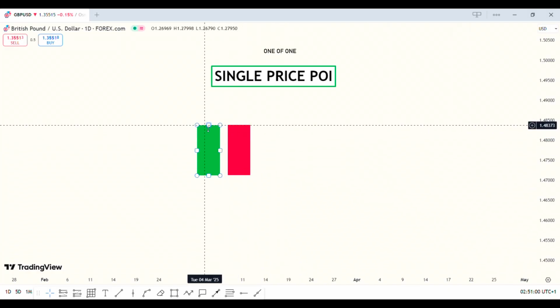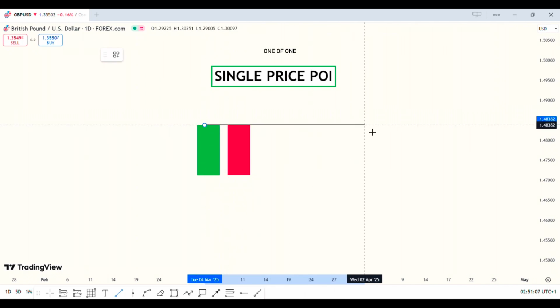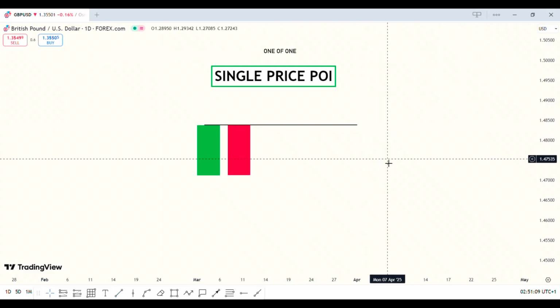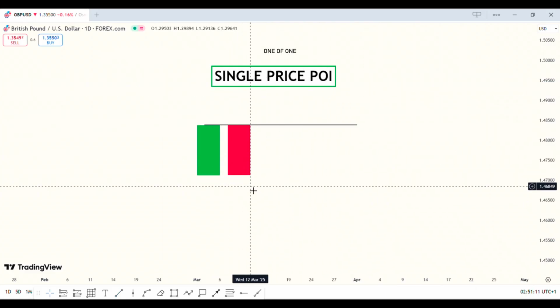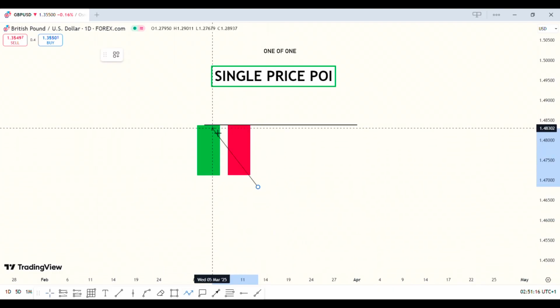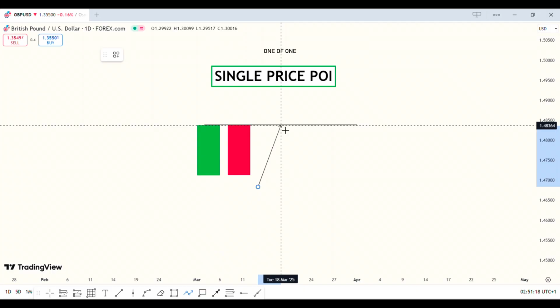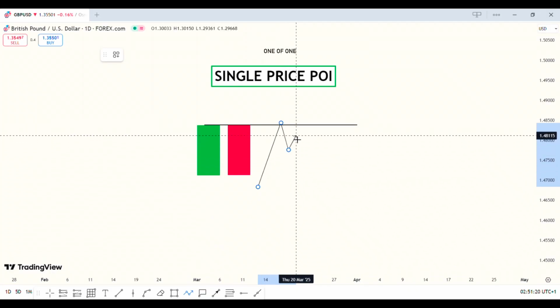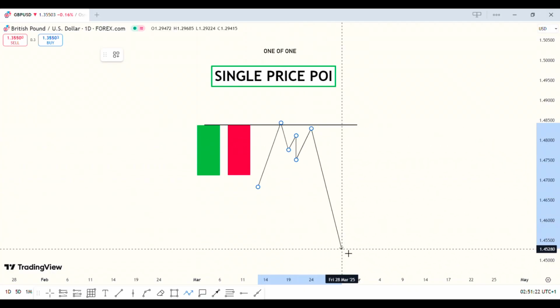So that would be the closing price, and that is going to be the POI. I believe this is already giving you an insight into a single price POI. We can anticipate price coming into that closing price and presenting an opportunity for a trade.